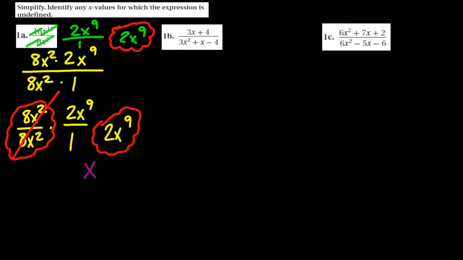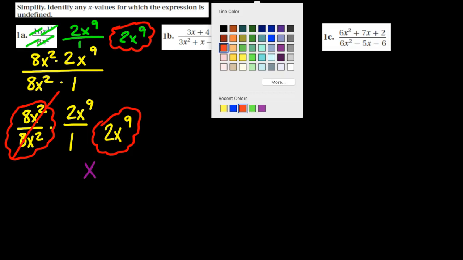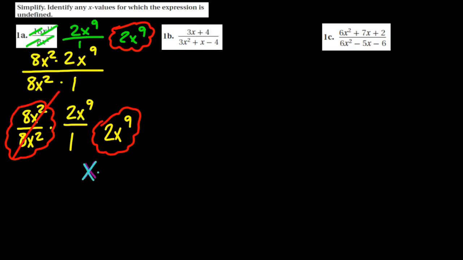So in this case, x cannot equal what value that would make the denominator 0? 0. Good. So you have to state the values for which the expression is undefined. That's what this means in the directions right here.